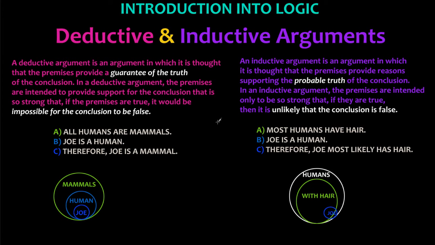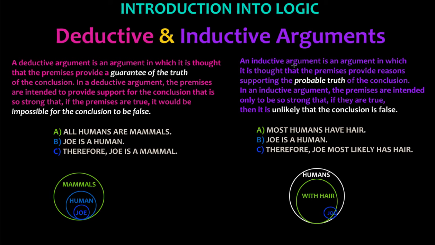To begin, let's look at the definition, again taken from Lumen College, of what an inductive argument is. Remember that the primary difference between a deductive and an inductive argument deals with the relative strength of their conclusions related to their premises.